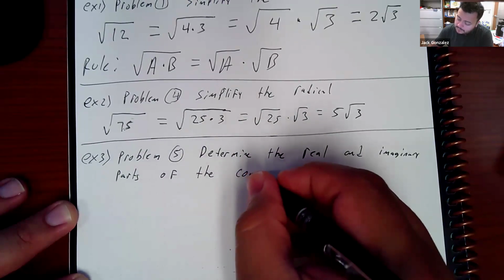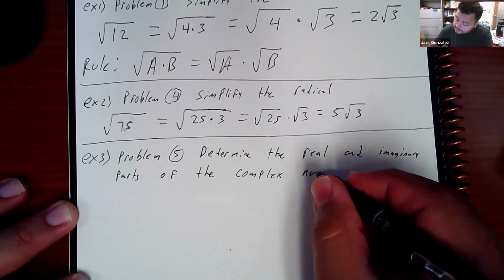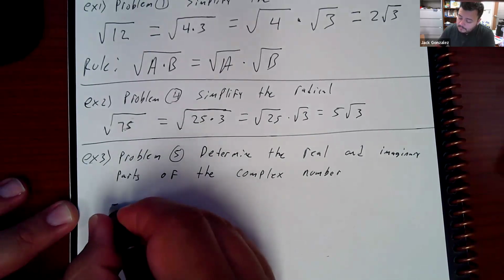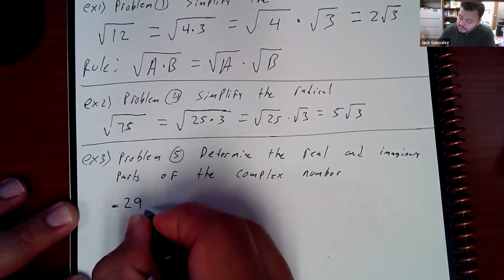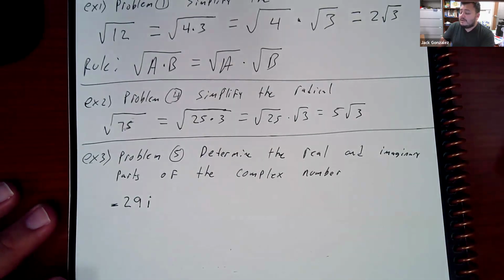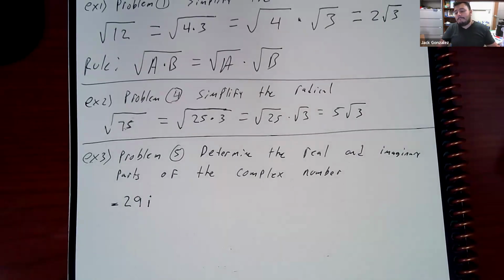So assuming you've already read about complex numbers in the videos and the lecture, this is a complex number. It has an imaginary component, right? Do we have a real component?